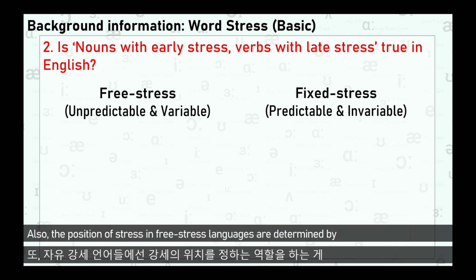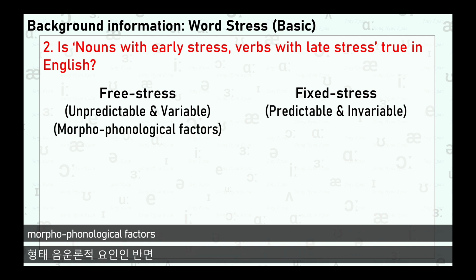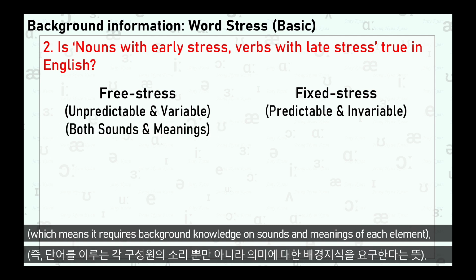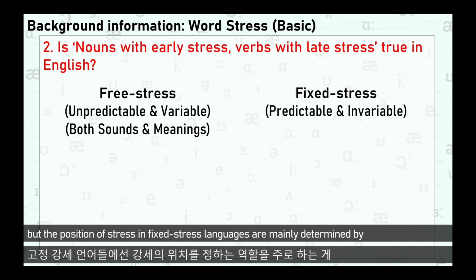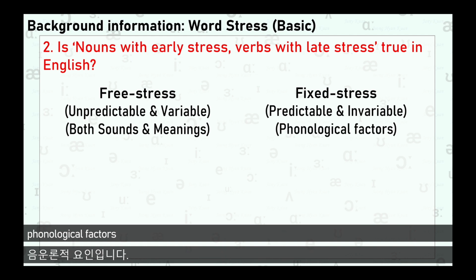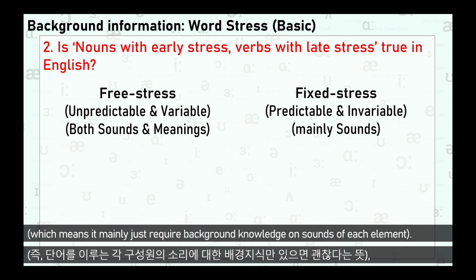Also, the position of stress in free stress languages is determined by morphophonological factors, which means it requires background knowledge on sounds and meaning of each element. But the position of stress in fixed stress languages is mainly determined by phonological factors, which means it mainly just requires background knowledge on sounds of each element.